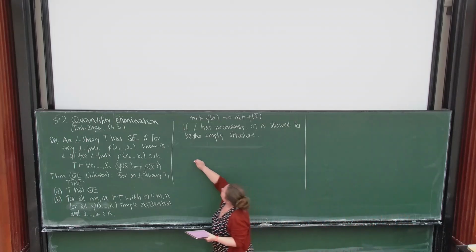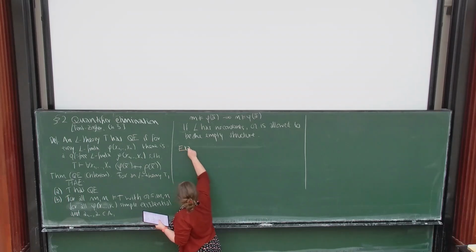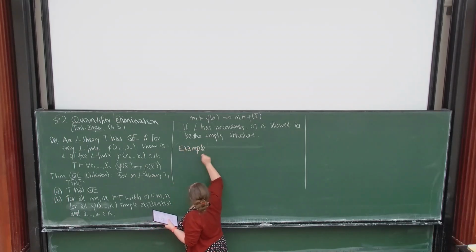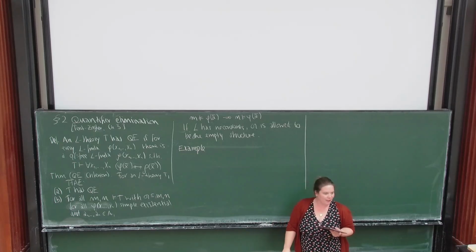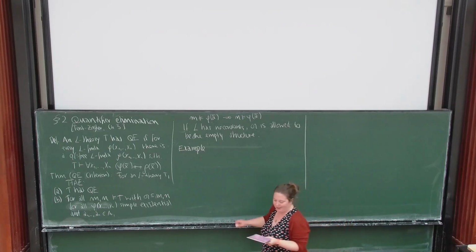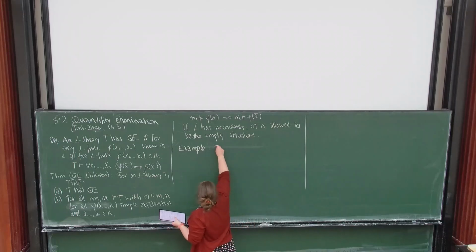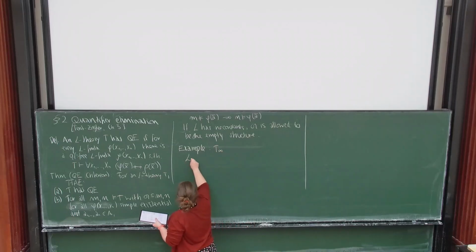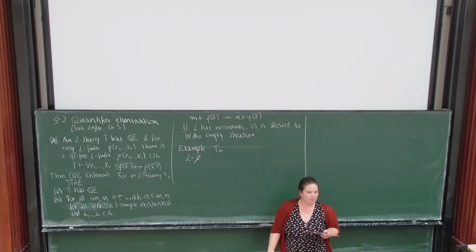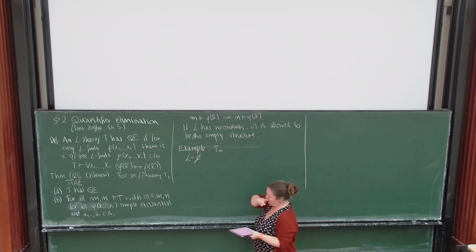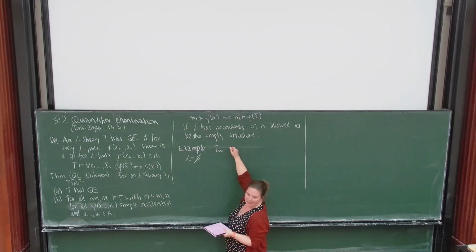Okay, so I promised to apply this to show that the theory of algebraically closed fields has quantifier elimination. I want to start with a toy example to warm us up. So I look at T infinity. This is a theory in the empty language, so there are only the logical symbols. And T infinity says I'm an infinite set.